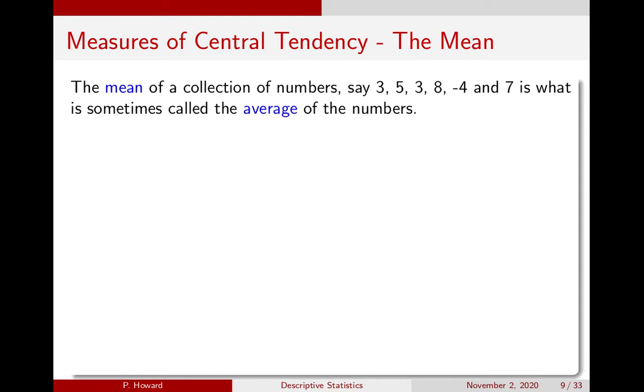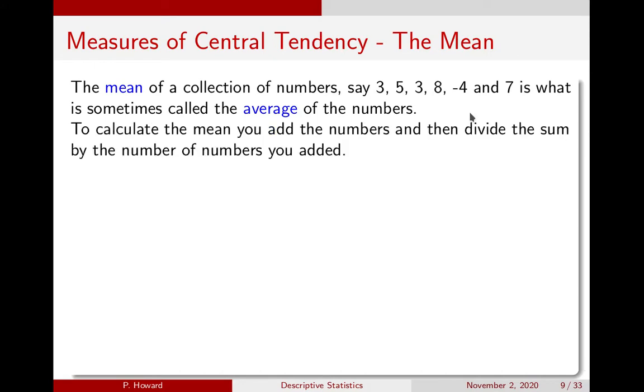The mean of a collection of numbers is what is sometimes called the average of the numbers. So if you look at the 6 numbers, 3, 5, 3, 8, minus 4, 7, the mean of those numbers would be the average. You add the numbers, and then you divide that sum by the number of numbers you added.